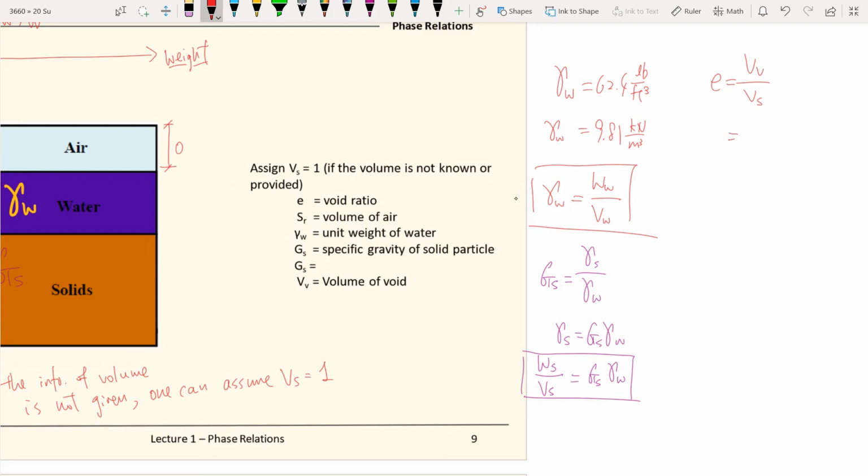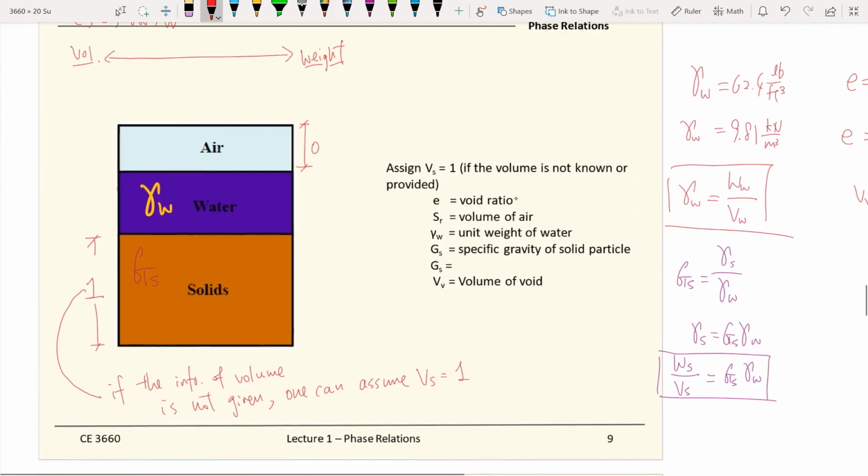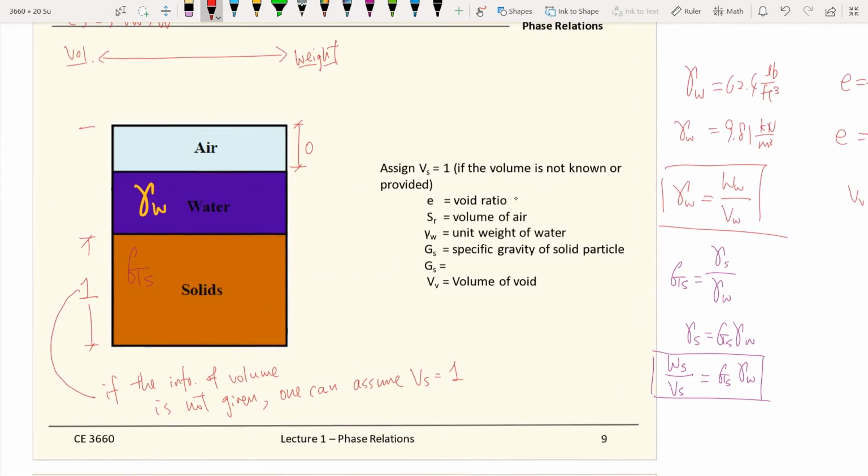Since we assume the volume of solid equals 1, based on the assumption, we find out the volume of void equals the void ratio.